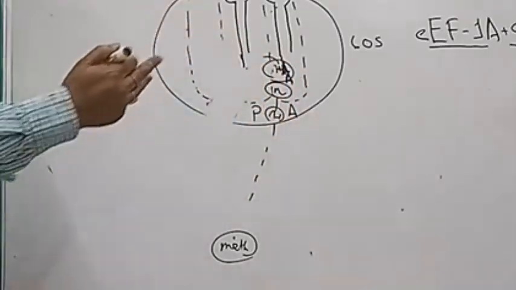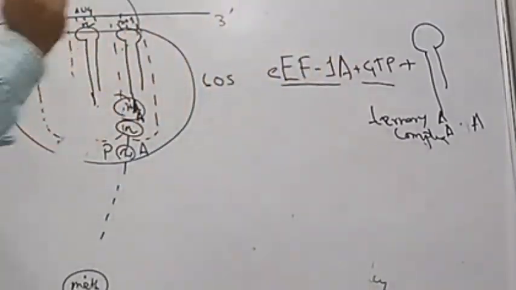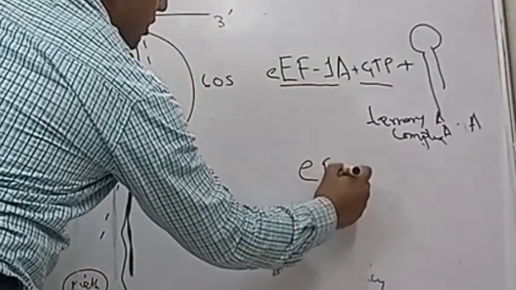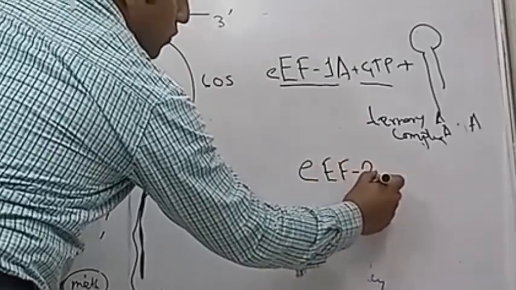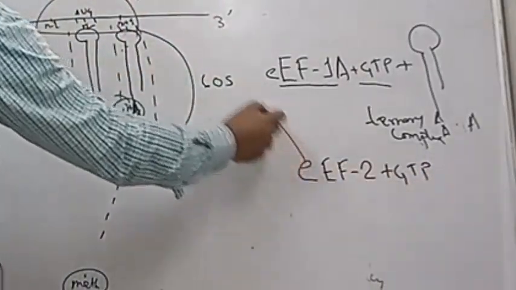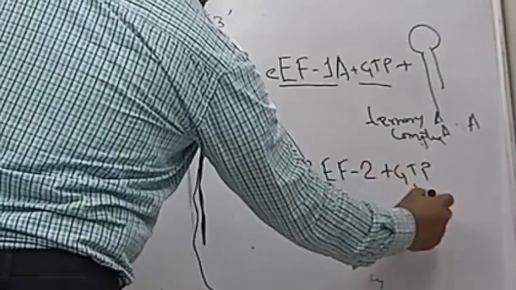Next, the elongation factor 1A and GTP's action is over and they have been released. Eukaryotic elongation factor 2 joined with GTP comes and attaches itself here. Once it attaches, this GTP in this complex is hydrolyzed.